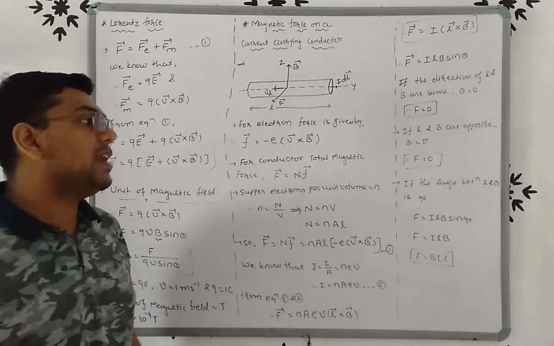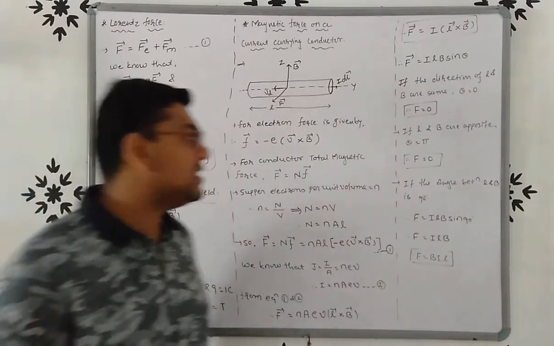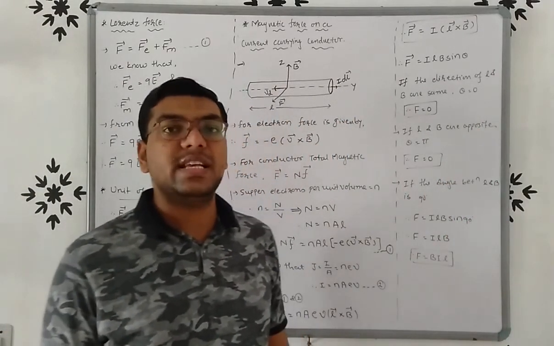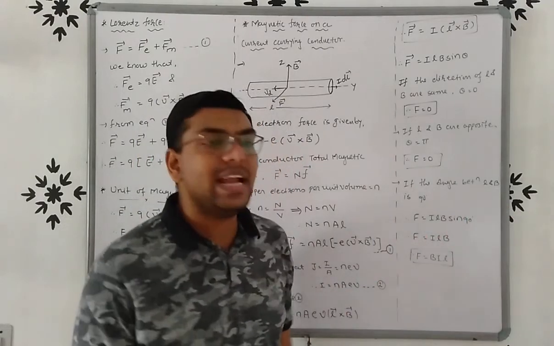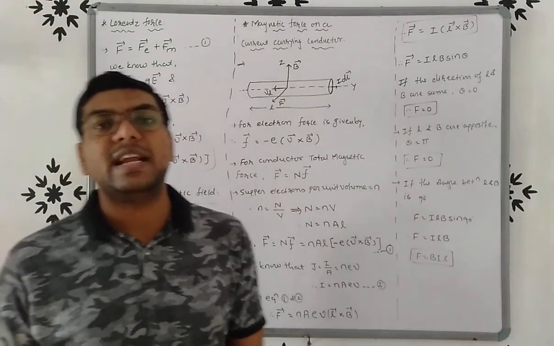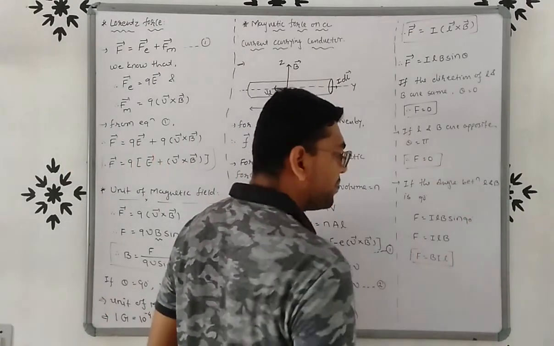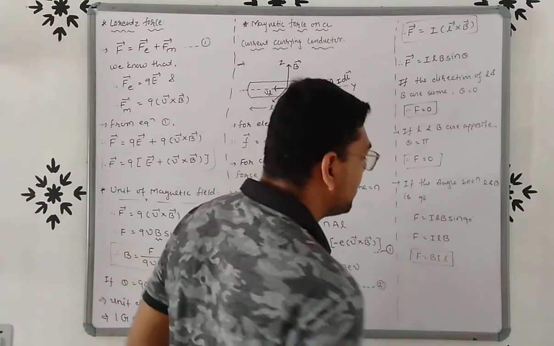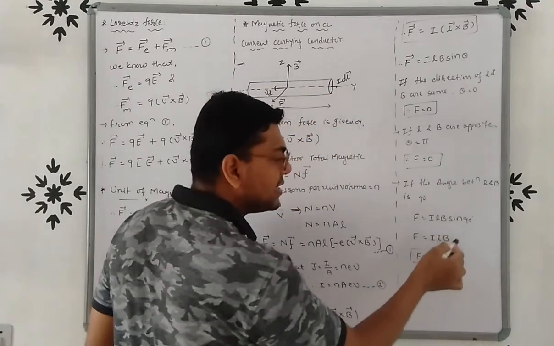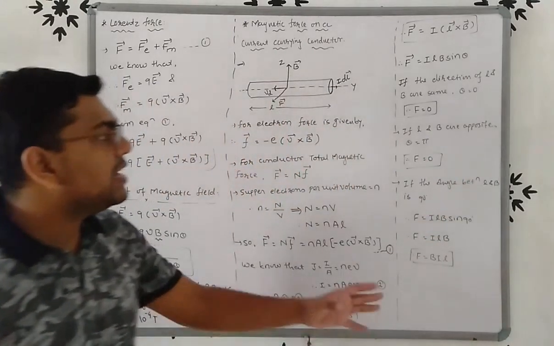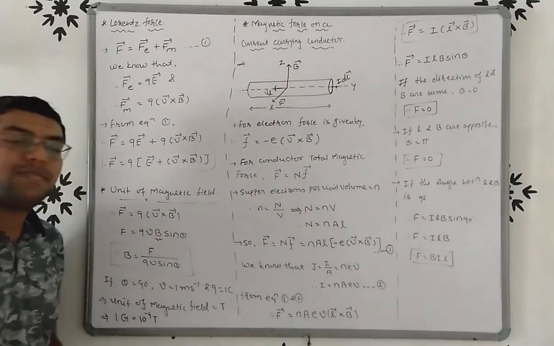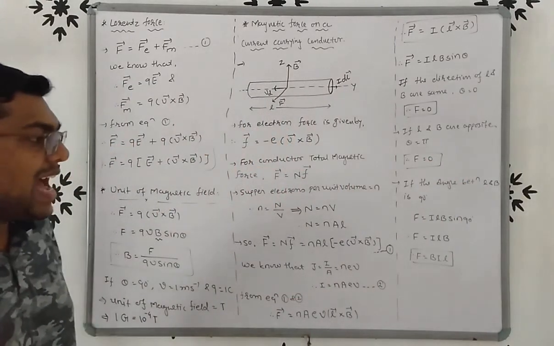And if the angle between L and B is 90, then theta will be 90. We know the value of sin 90 is 1. So F is equal to ILB into 1. So F is equal to ILB, or we can say BIL. So we can easily remember this formula.